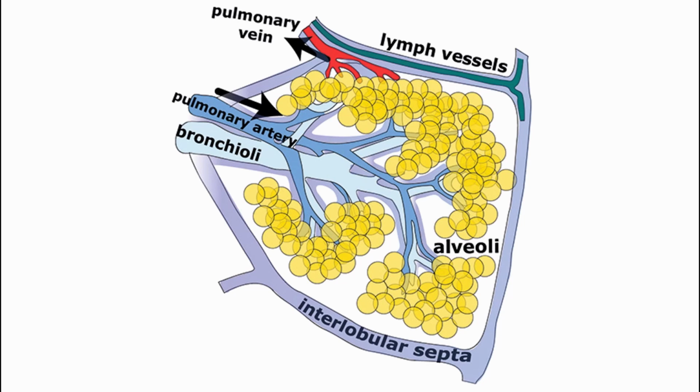And this pulmonary segment or pulmonary lobule, they are surrounded by connective tissue septa, so they are separated from each other, and they are supplied by arteries, veins, and lymphatic vessels.